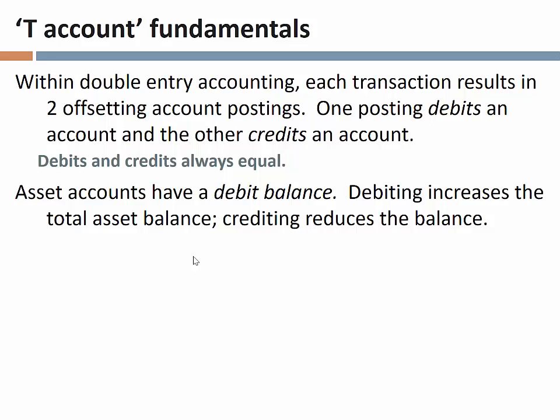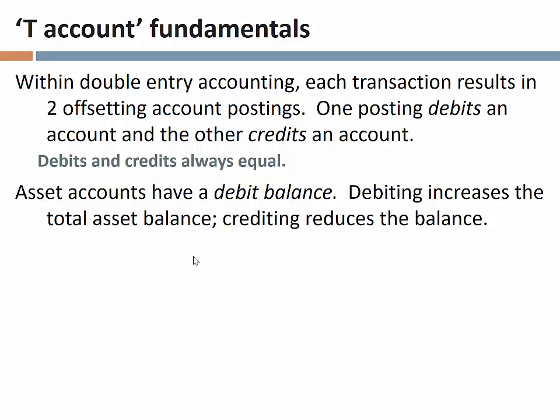To give an example, if I buy a vehicle and pay $40,000, I would record that in an asset account with a $40,000 debit to represent the value of that asset.